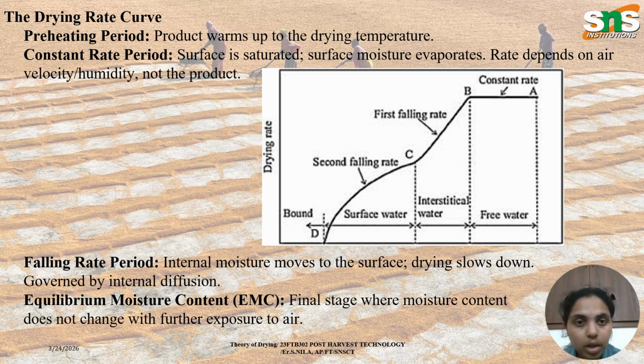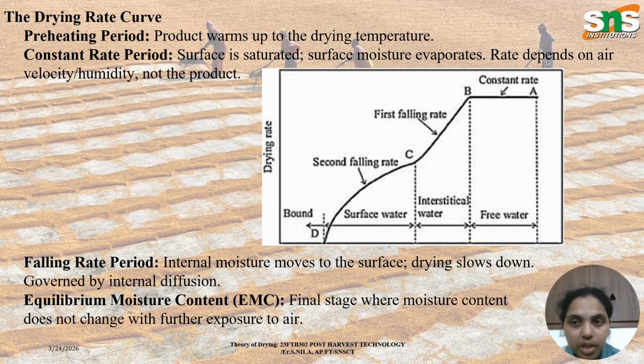So looking at the picture, it shows a drying rate curve. It has three main stages. So one is the preheating period or the transient period where the product simply warms up. And then the second stage is the constant rate period. In this the surface is wet, the evaporation rate is constant and it depends on the velocity of air and humidity.